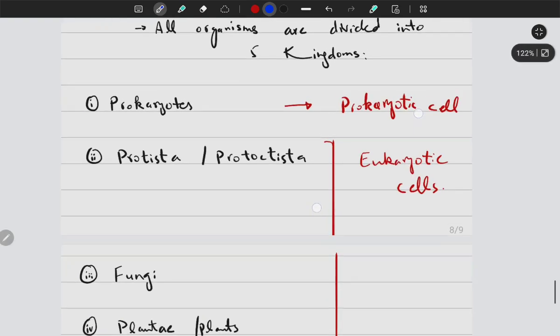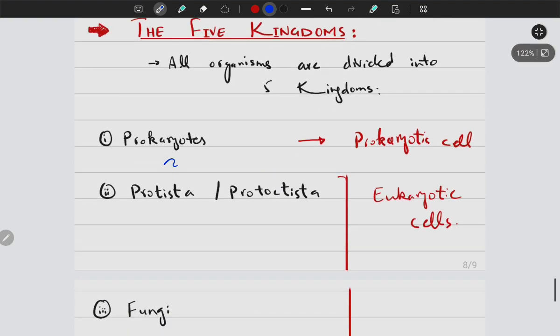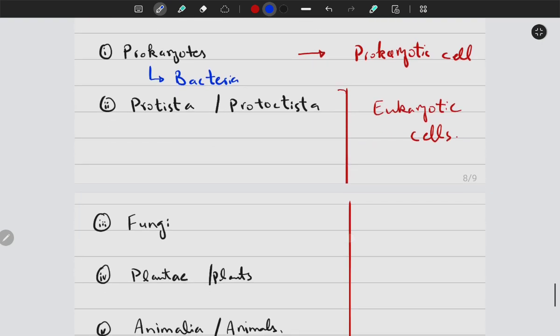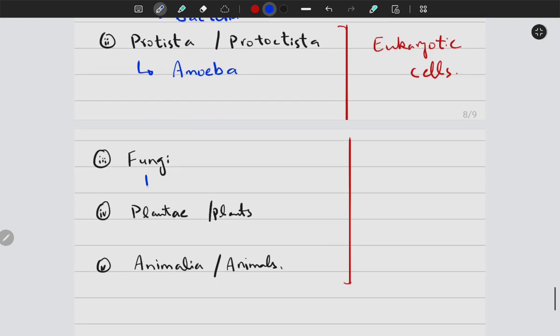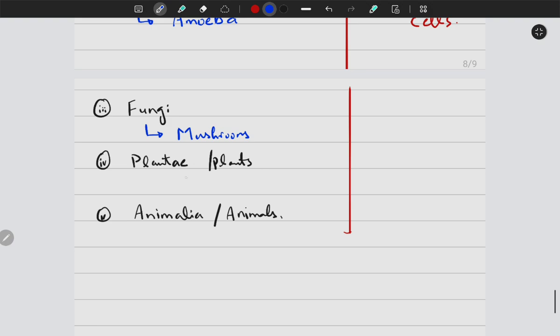Now examples. In the prokaryotes, I gave you the example, bacteria, best example. We would talk about it in detail. In Protista, the best example is amoeba. It's very famous. We would draw it later on. Fungi, the best example are the mushrooms. And in the plants, you can write the name of any plant.